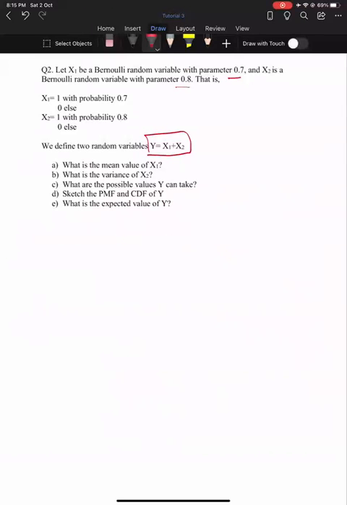For part C, what are the possible values y can take? We know that y is x1 plus x2. Do you guys know what values y can take? It's very easy. It can take 0 if both x1 and x2 are 0.